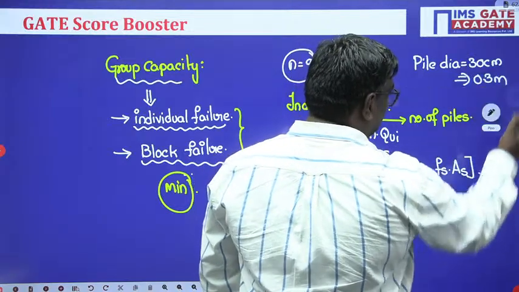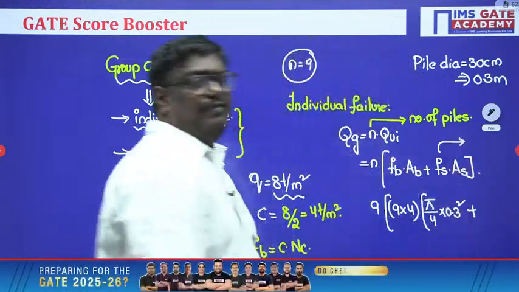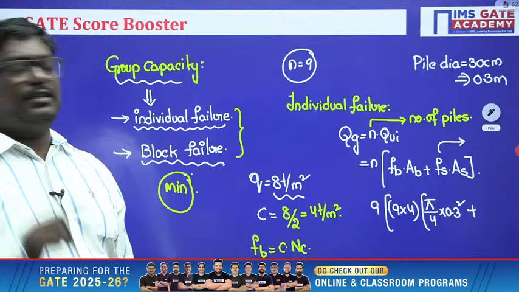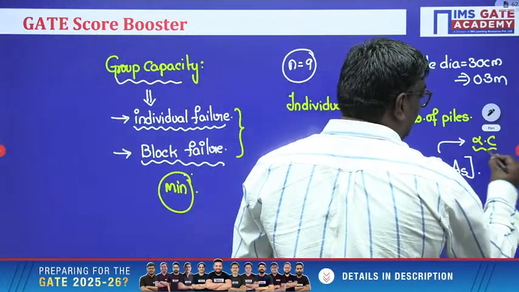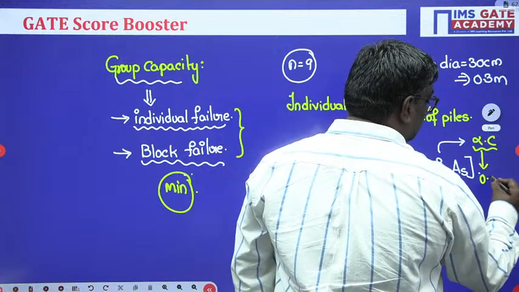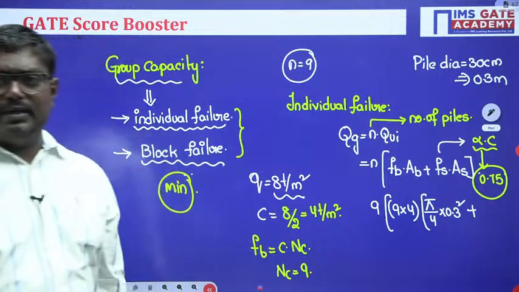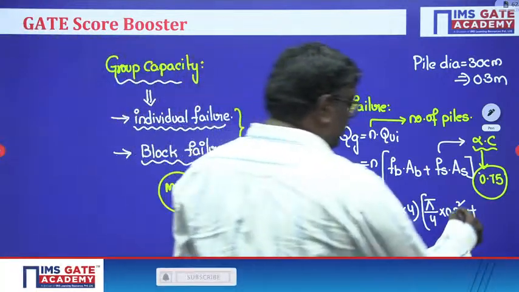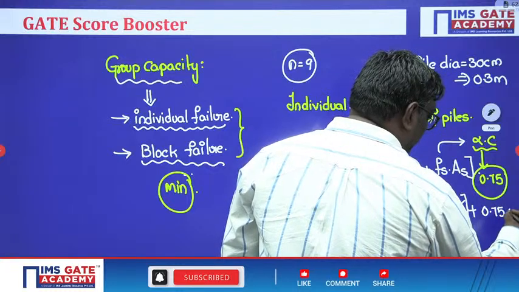Plus alpha c. What is Fs? Fs can be written as the skin friction resistance. This is taken as alpha into c, where alpha is the adhesion factor, which is given in the problem as 0.75. So you can write here 0.75 into 4.